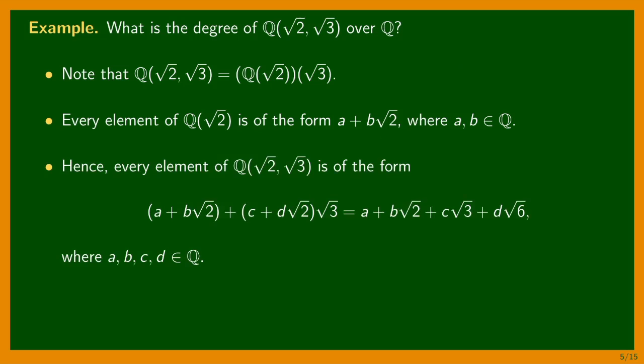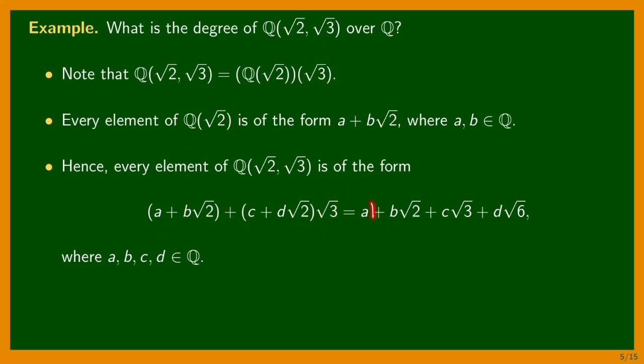Okay? Hence, every element of this must be of the following form. Linear combination siya ng 1 tsaka square root of 3, pero ang gagamitin mo scalars mula dito. Kaya ganyan. Nakuha ninyo? And when you simplify, ito yung kalalabasan ngayon.